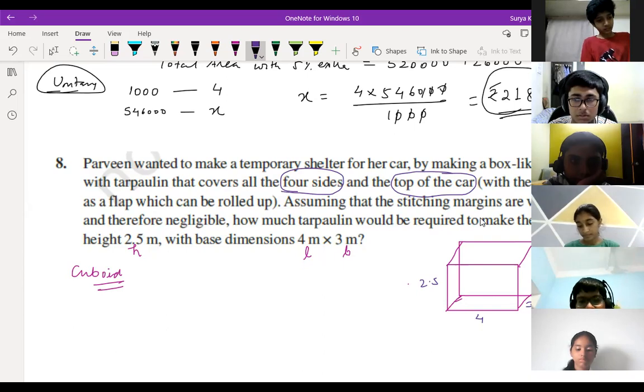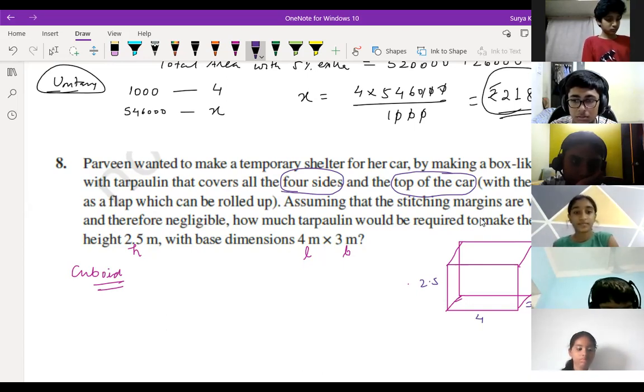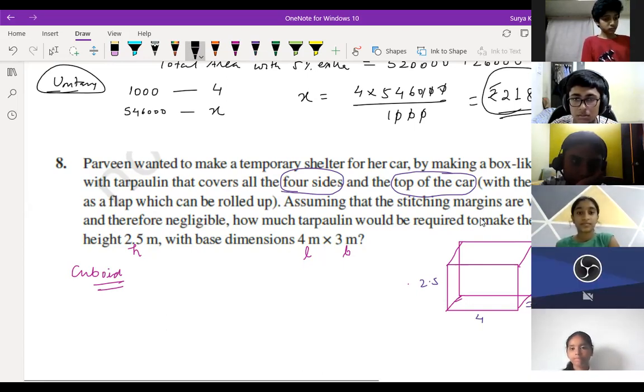Taruni, you might not know the formulas because you have not read this chapter, right? Is it correct, Taruni? No, sir, I know, sir. You know that. Okay, tell me the total surface area of the cuboid, Taruni, if you know that.